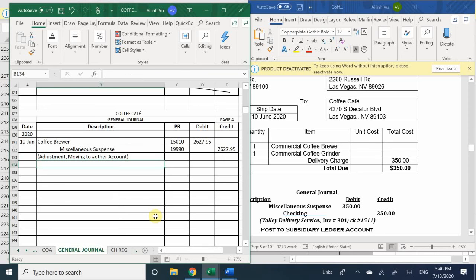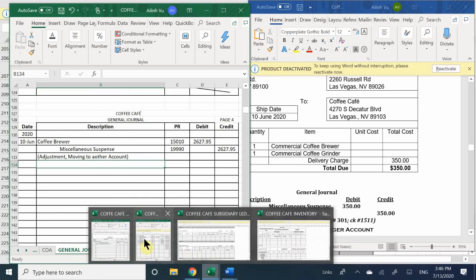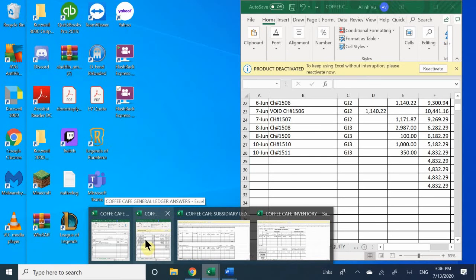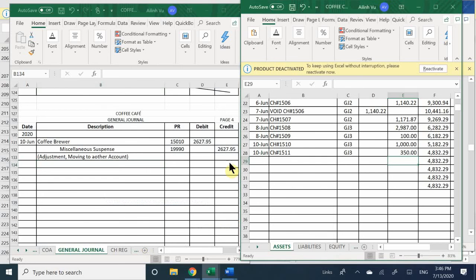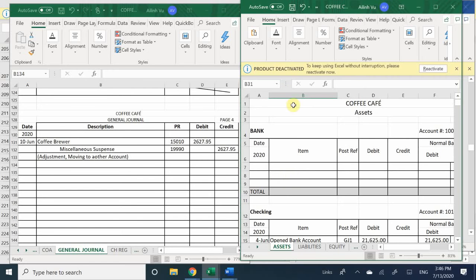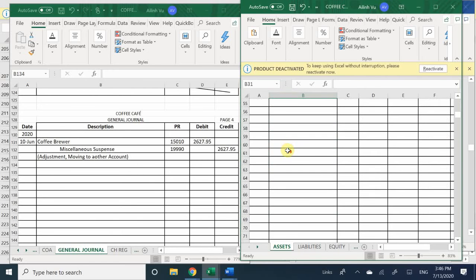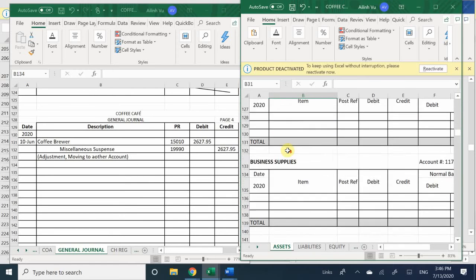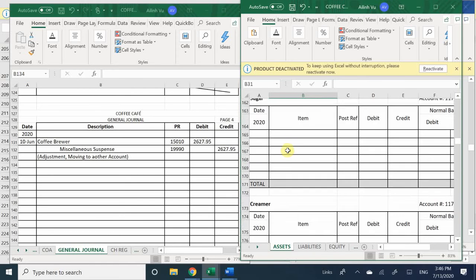So in this case, I'm going to go ahead and go to my ledger and do the same. So here, I know that I need to move 2627.95 from my miscellaneous. So I'm going to go ahead and find my brewer. It should be somewhere in the top.